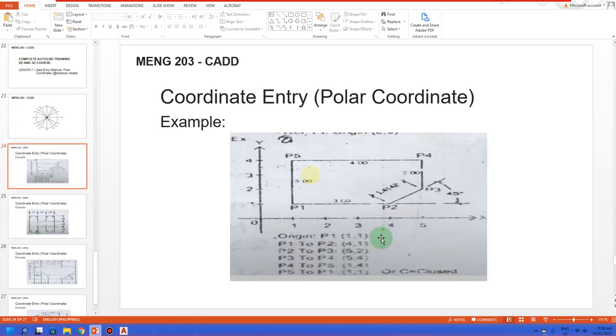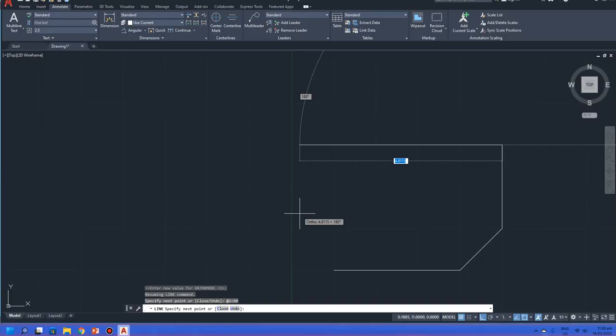Okay, the next point is 1, 2, 3, 4, a distance of 4 away from our point 4. Since it is going to the left, we are going to use a negative sign.